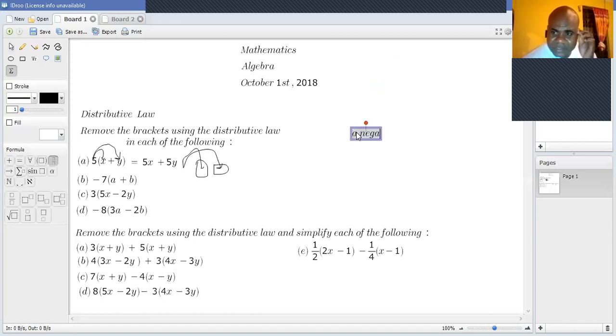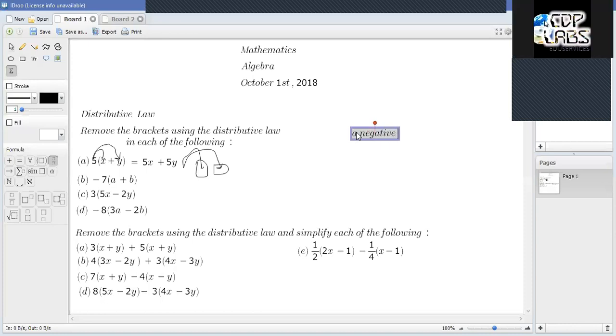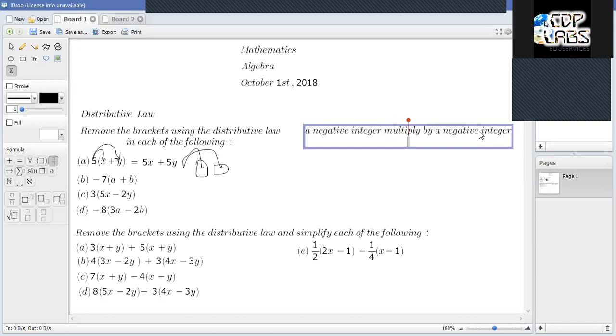A negative integer multiplied by a negative integer equals a positive integer.